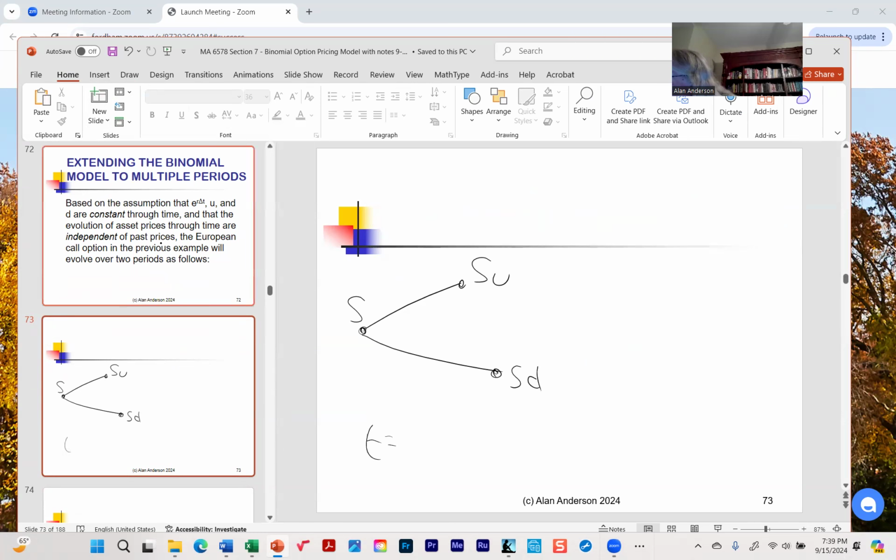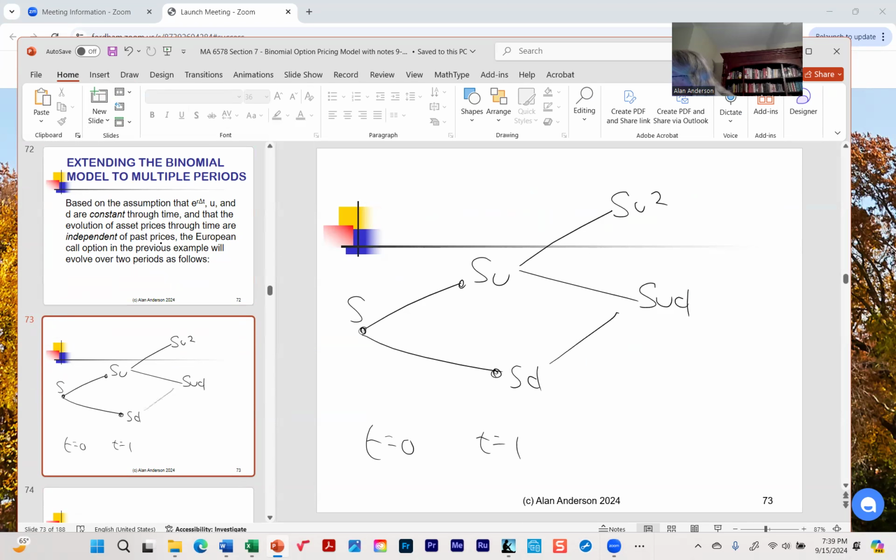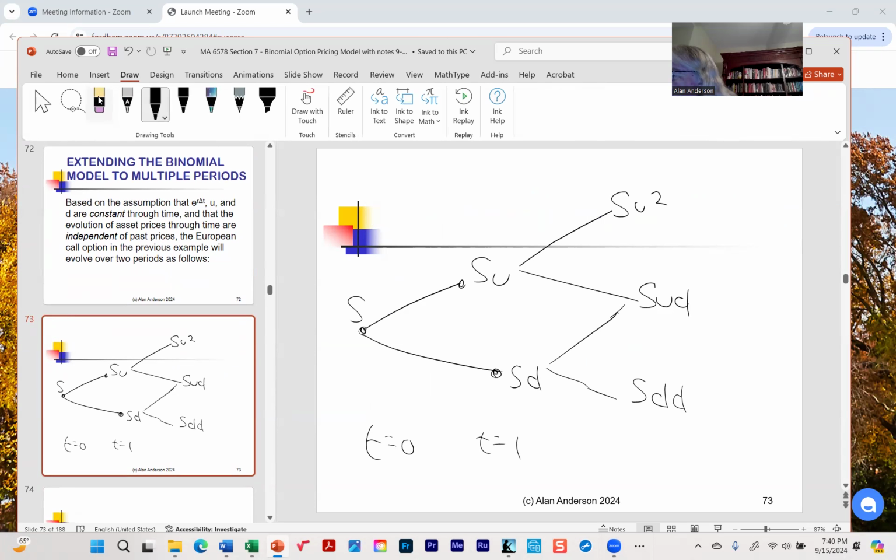And then we have another time step. From SU, it can go up to SU squared or down to SUD. These are the same by assumption. And this is SD squared. Let me clean that up a little, but you get the idea.